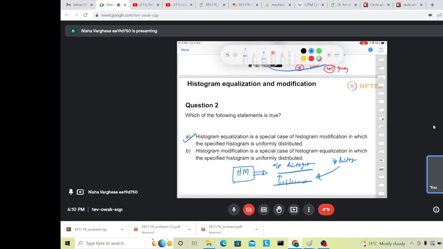This is known as histogram modification. But histogram equalization is a subset of histogram modification, where the output histogram will be a uniformly distributed histogram.